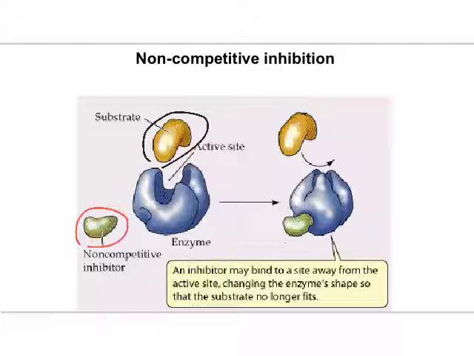It's sometimes called the allosteric site or the regulatory site. And this binding of that other molecule prevents the binding of the substrate because it changes the conformation of the enzyme, so that it can't interact with the substrate.